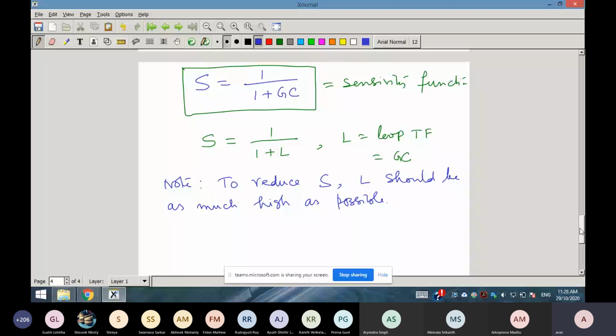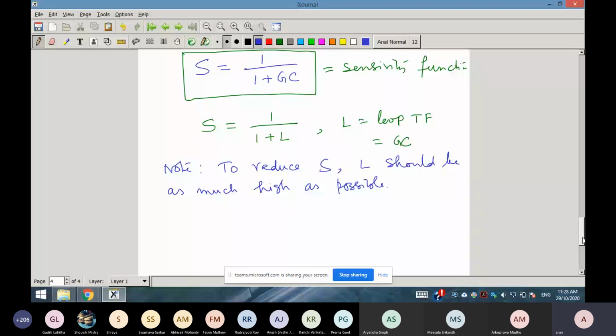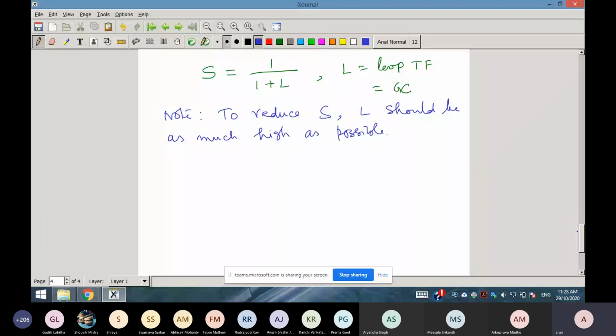Now we have studied the Nyquist plot. So what does S mean with respect to the Nyquist plot? S j omega equals 1 by 1 plus L j omega.